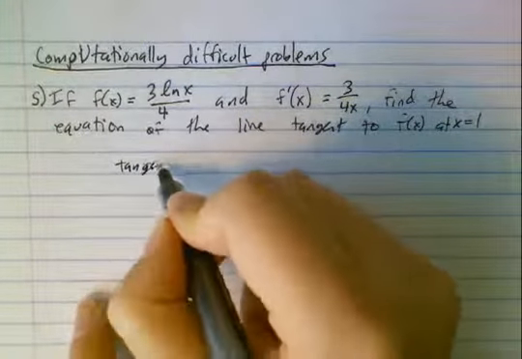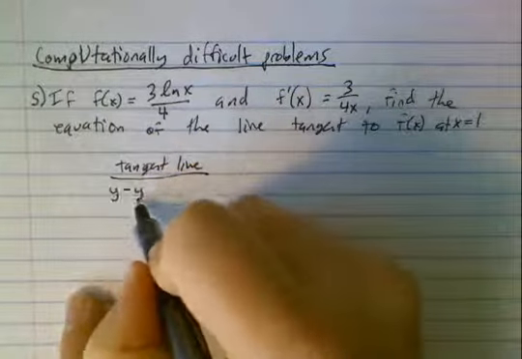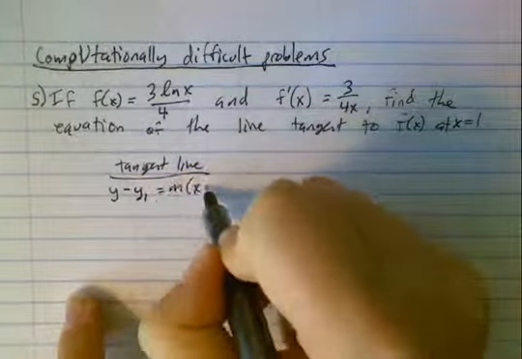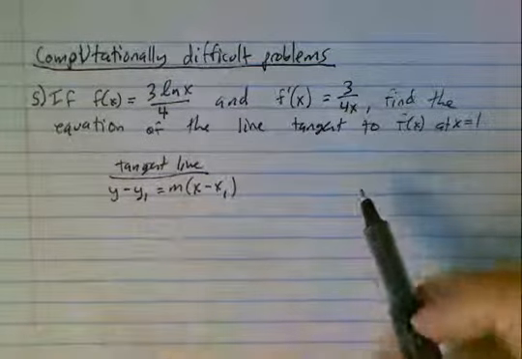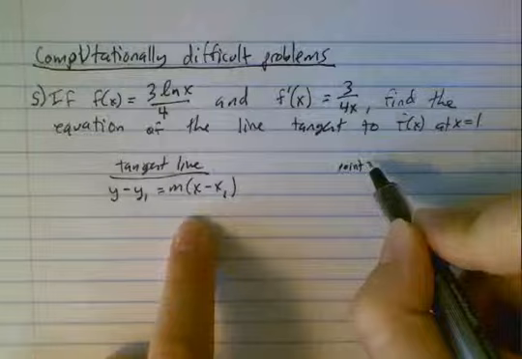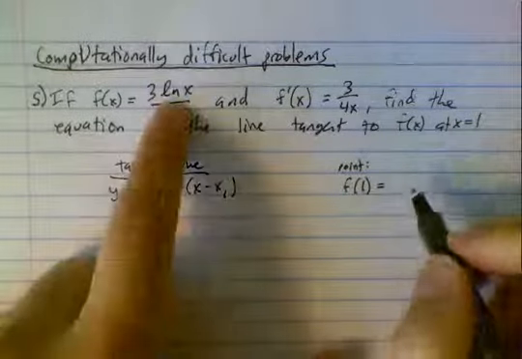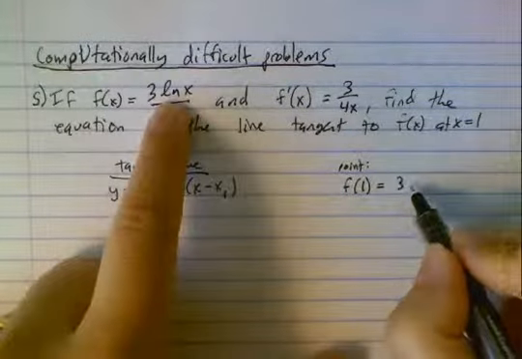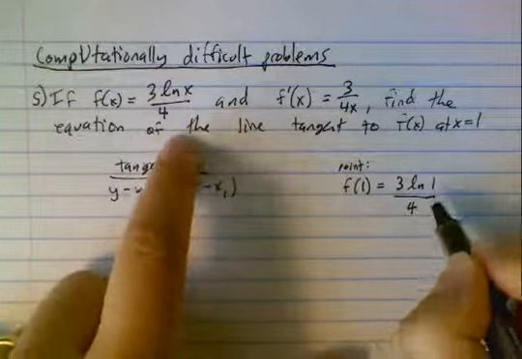Okay, for our tangent line, we know we're going to have y minus y1 equals m times (x minus x1). So we need first a point. F of 1 equals 3 natural log of 1 over 4.